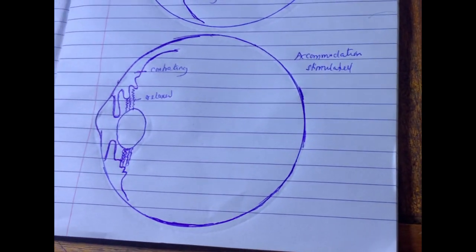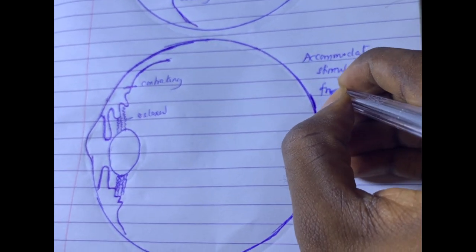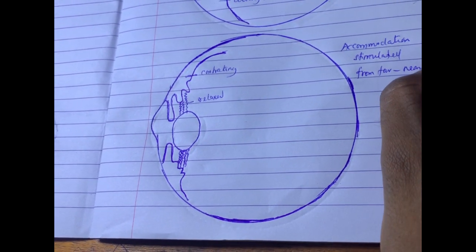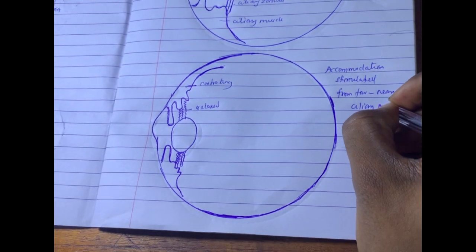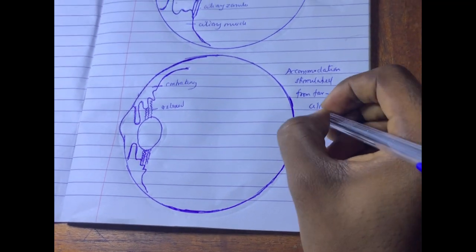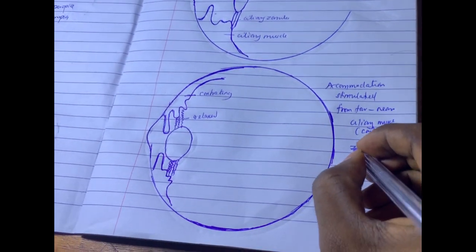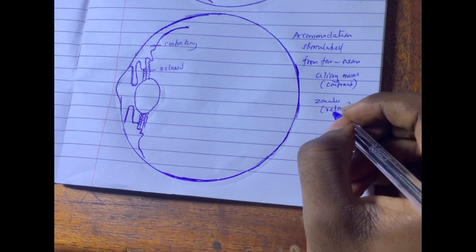So the take home is that with accommodation being stimulated, whenever I look from far to near, the ciliary muscle contracts, and the ciliary zonules relax.